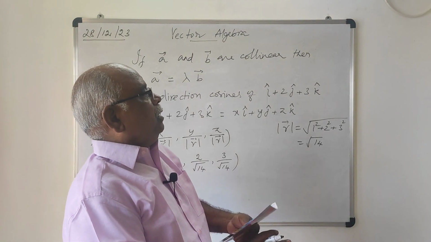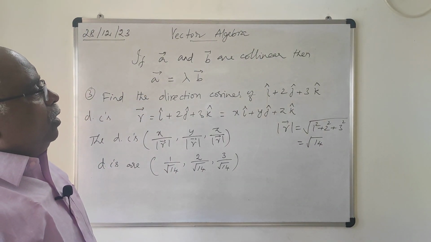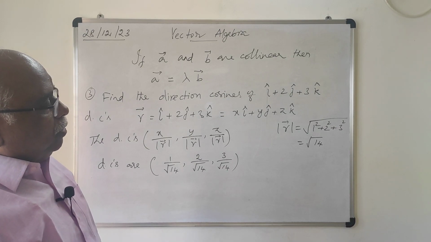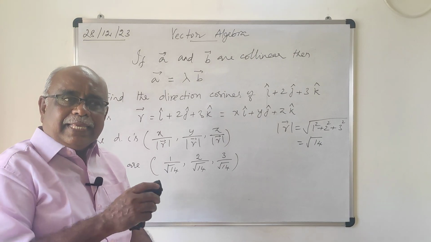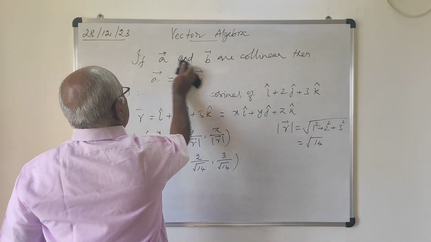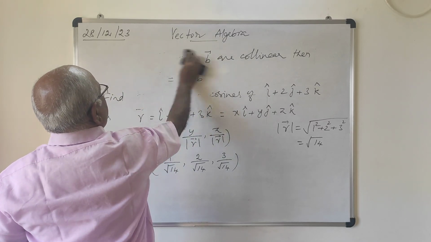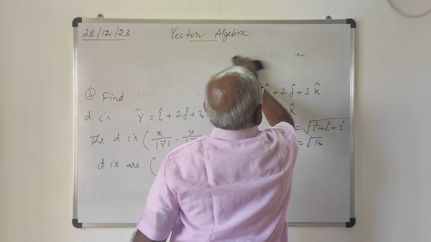Next, if two vectors are equal in magnitude, we cannot say that they are the same vector. Magnitude may be equal, but the vectors need not be equal. I give this example, you listen.